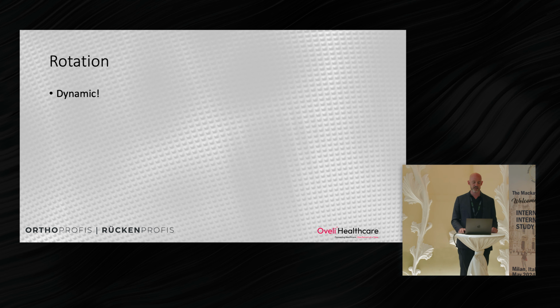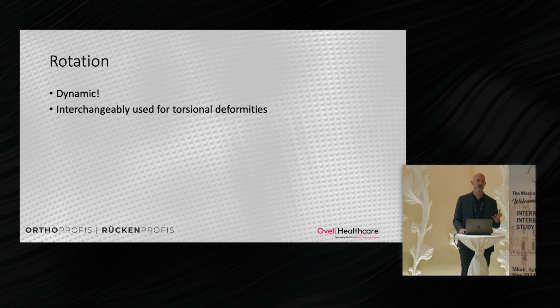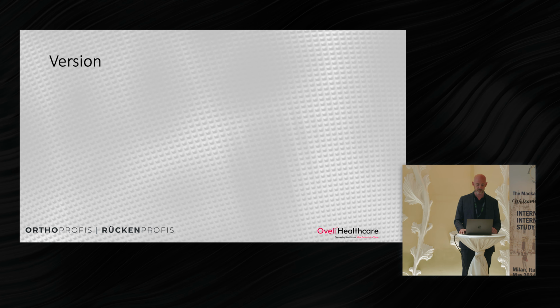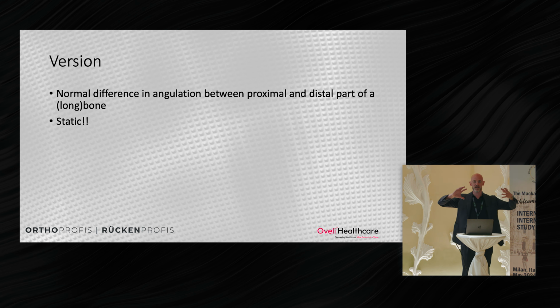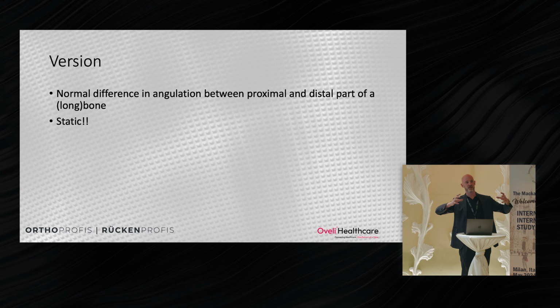And as I said, it's interchangeably used for torsional deformities, but it acts as an umbrella term. Version is actually the normal difference in angulation between the proximal and the distal part of a long bone. And it's static. Version inside of a bone is not moving at all.